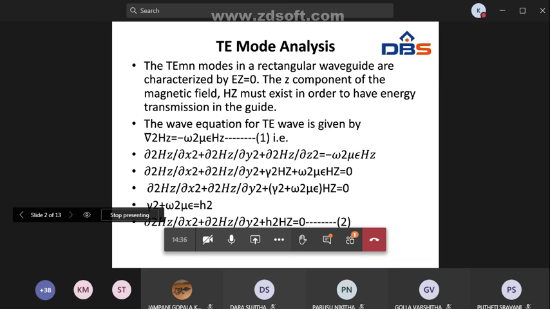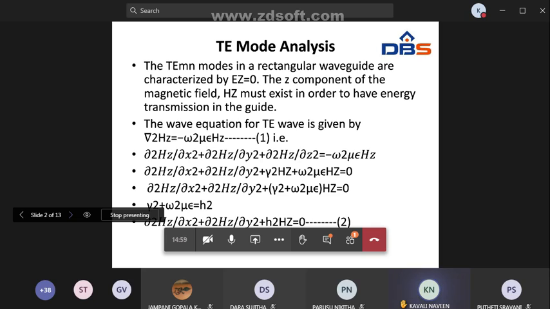And in the last class we discussed phase velocity and group velocity also. The phase velocity is c by square root of 1 minus (lambda naught by lambda c) whole square, and the group velocity is c into square root of 1 minus (lambda naught by lambda c) whole square.